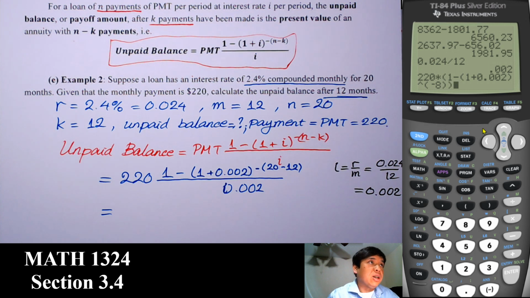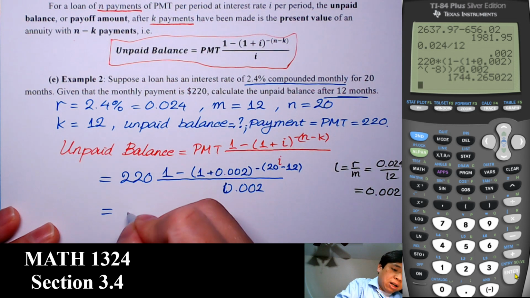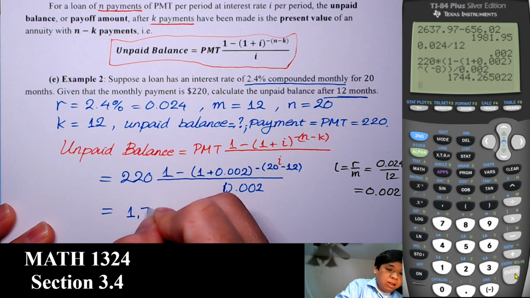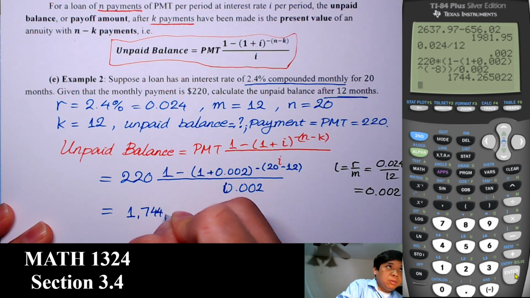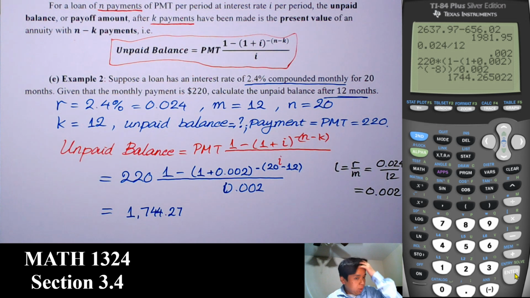So the whole thing on the top divided by 0.002. So that's what we have. So the unpaid balance or the payoff amount is this much. So 8 more payments to make, so that is the payoff amount. Right, and with that, we finish section 3.4. As always, thank you for watching and see you in another video in Math 1324.